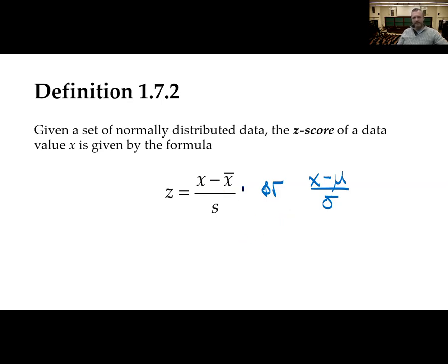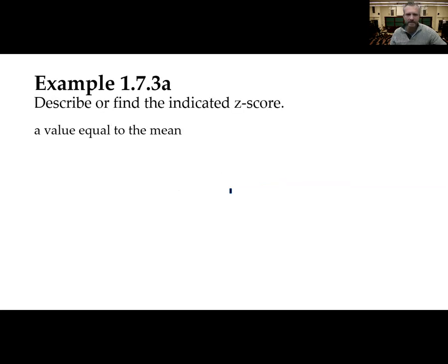Now think about what this is. It's a ratio, and so you're essentially saying how many standard deviations fit into that difference. Let's think about what this is telling us. So we're going to describe each of these Z-scores, and I'm hoping that you discover a pattern here and can make some meaningful observation. So remember that we have Z equals X minus mu over sigma.